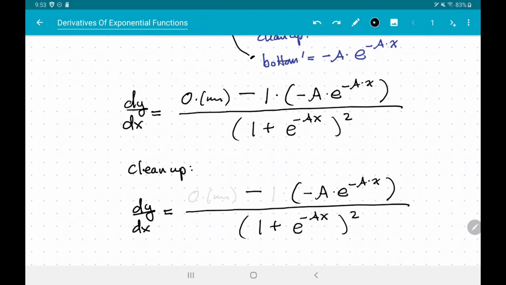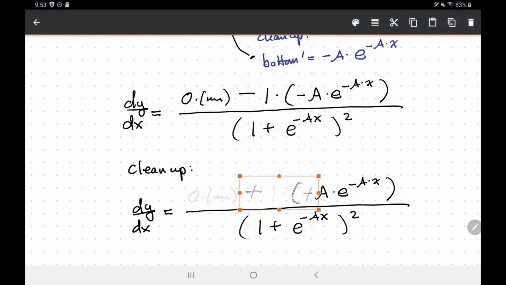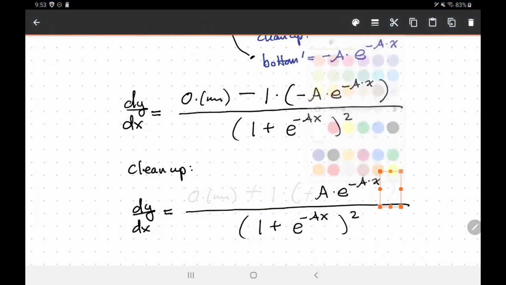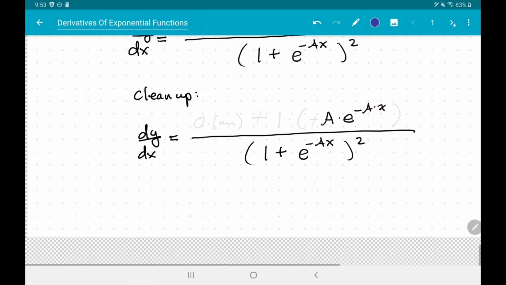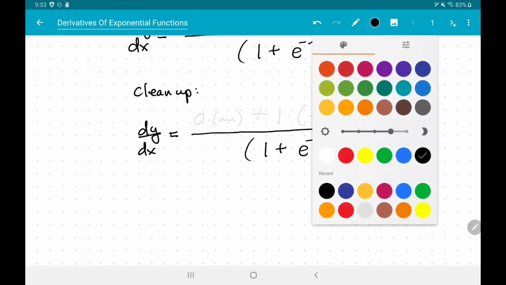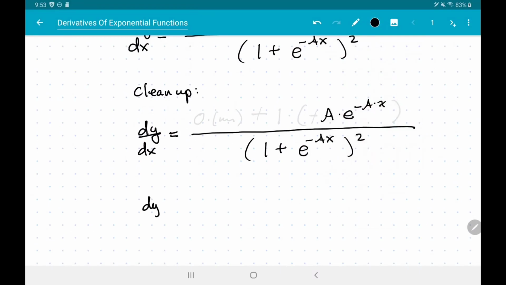So I can do a double negative simplification, and at that point I can gray out some more stuff. And here's what we're left with. dy over dx equals a times e to the minus ax over 1 plus e to the minus ax as a group squared.